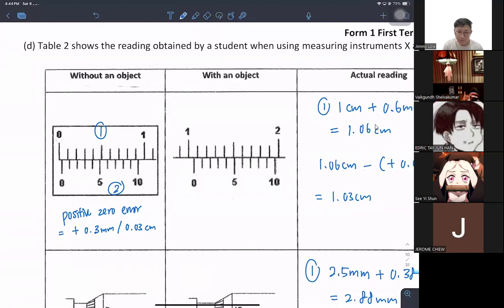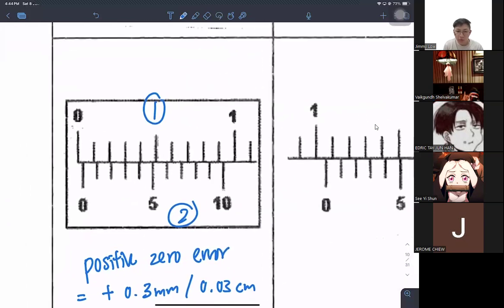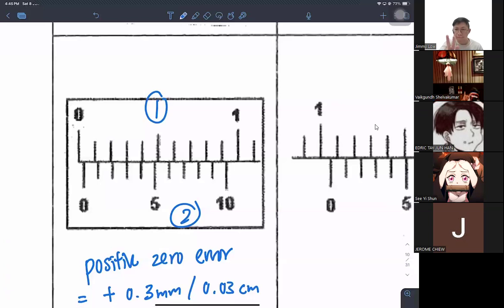But how are you going to get the figure there? You need to find two completely matched lines between these two rulers. So which one is completely matched between each other? This one. So the figure here will be 3.